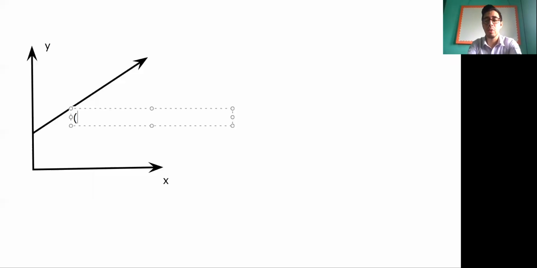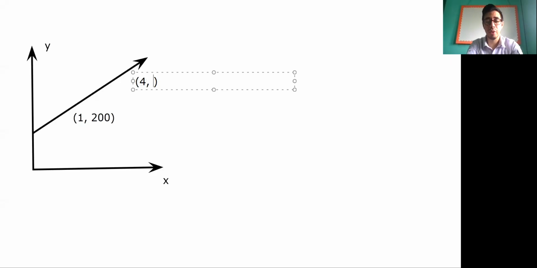So in the graph we have this point, 1 for X and 200 for Y. And the other point we are going to have is 4 for X and 425 for Y. Yes, these are the points we have. I'm going to show you the points in here.